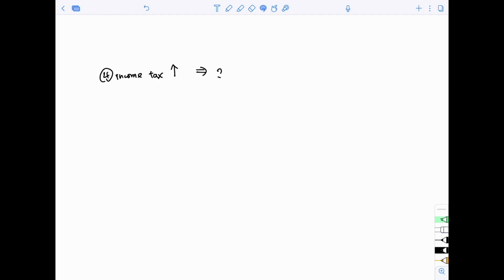So now we want to move on to the next case, which is talking about when there is an increase in income tax, how will that affect the goods market equilibrium? It turned out that the answer is it depends. That is because it depends on whether or not the Ricardian equivalence holds. If the Ricardian equivalence holds, when the income tax increases, the saving of a nation will remain the same.